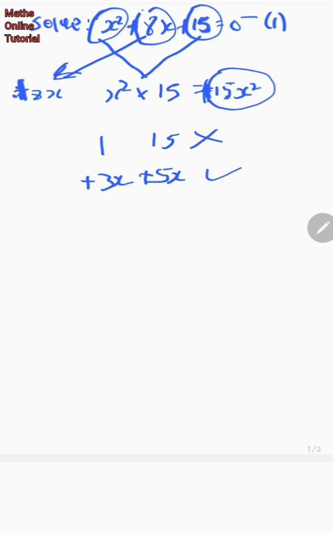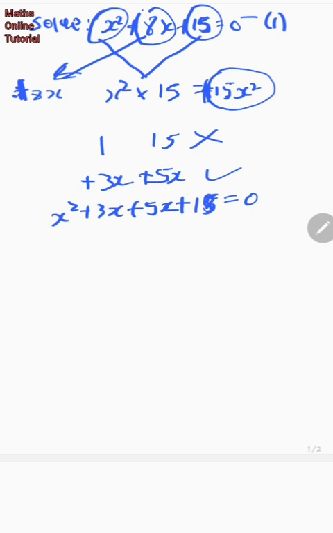The idea is that we want to factorize and need four terms in total, which is why we split 8x. So we rewrite the equation: x squared plus 3x plus 5x plus 15 equals 0.